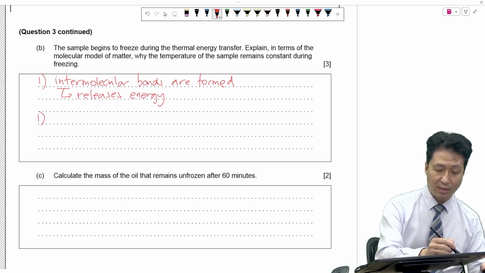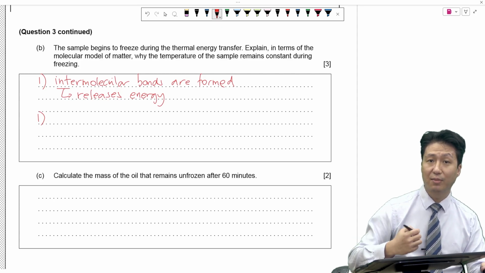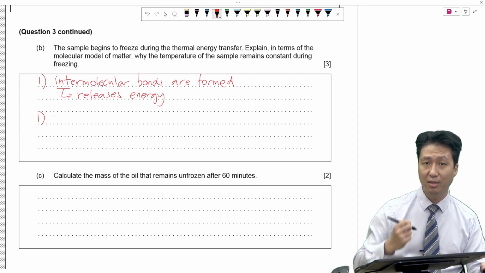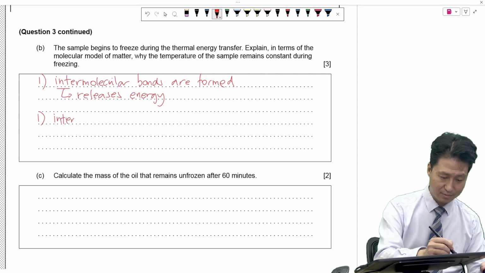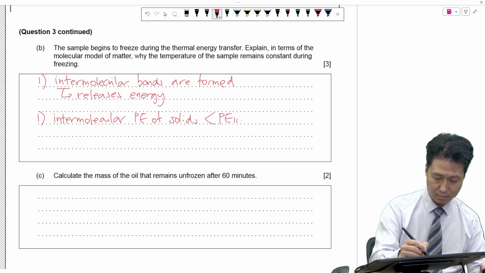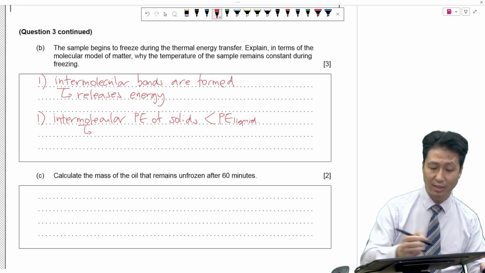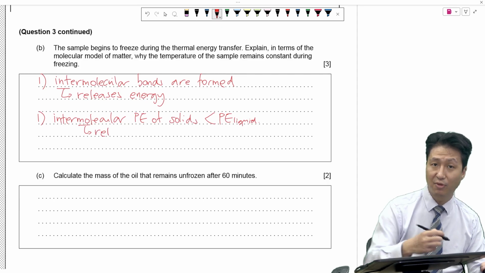Another way to describe this, and it's an either-or situation, is that the intermolecular potential energy of a solid is lower than the potential energy of a liquid. And because of this, when a liquid turns into a solid, it also releases energy in the form of thermal energy.